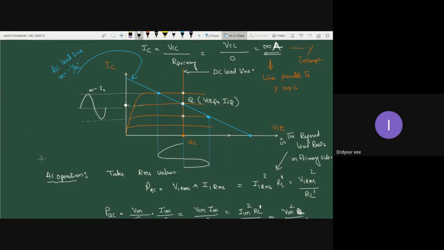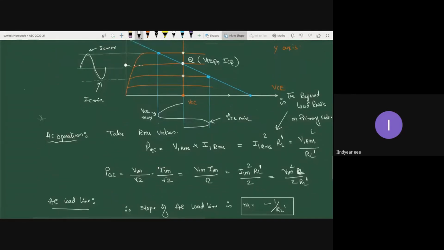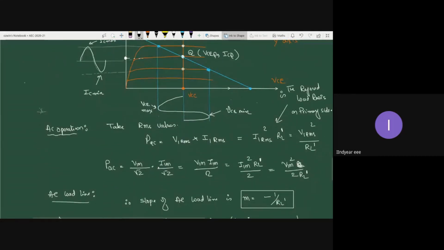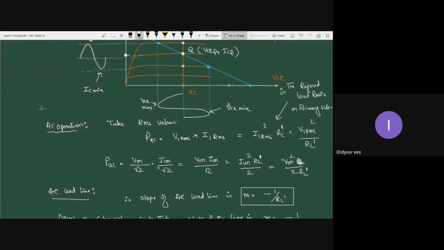So this is IC max. This is IC minimum. This is VCE max, and this is VCE minimum. So this is what the load line looks like for a transformer coupled class A power amplifier.